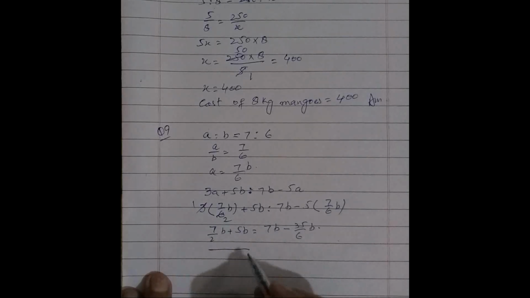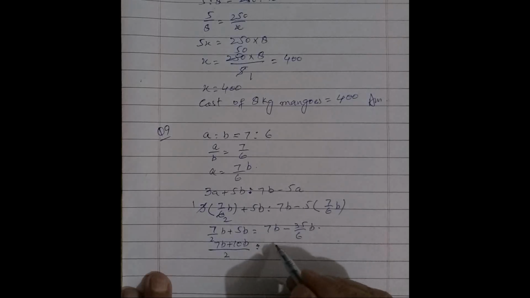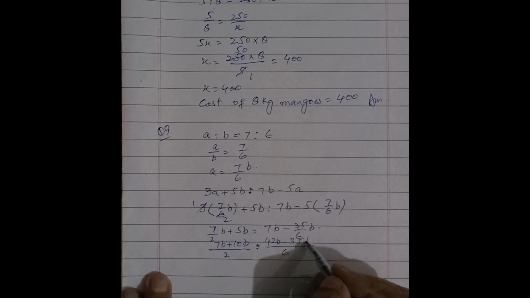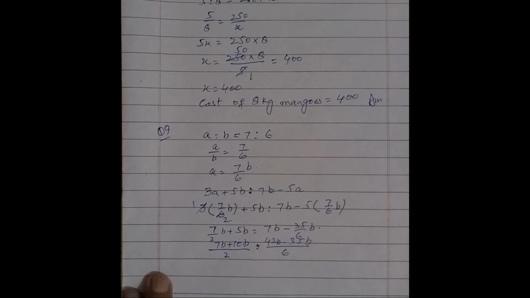We get (7B plus 10B) over 2 ratio (42B minus 35B) over 6. Simplify these values. 7 plus 10 is equal to 17B over 2 ratio 42 minus 35, we get 7B over 6.